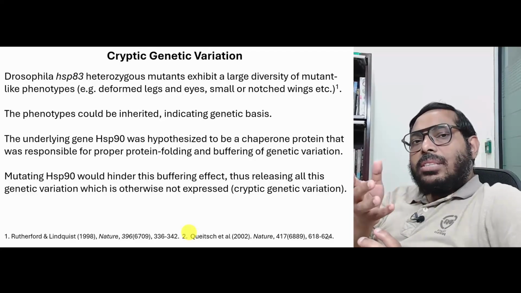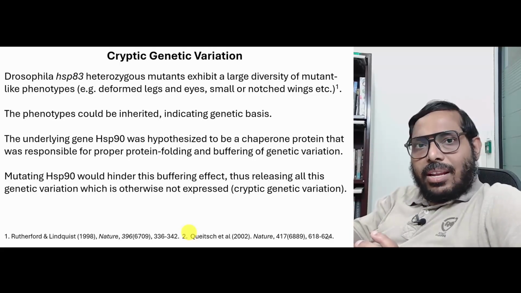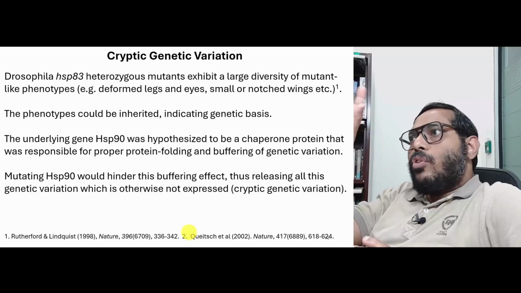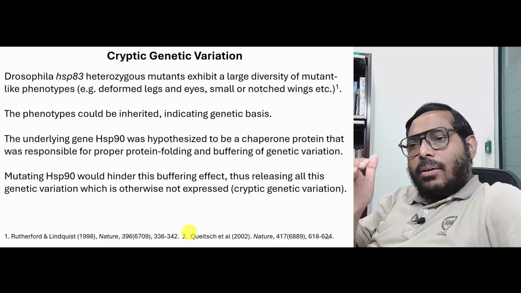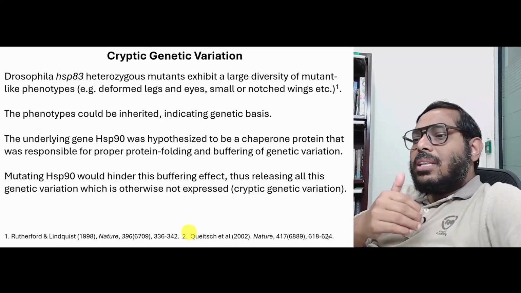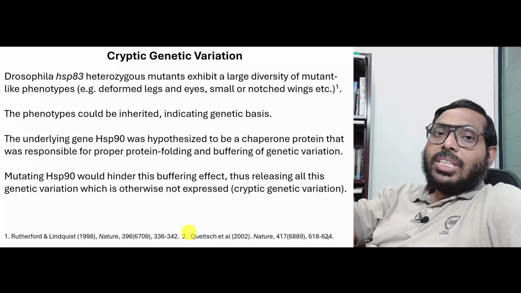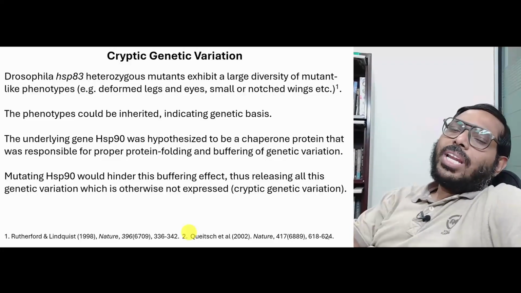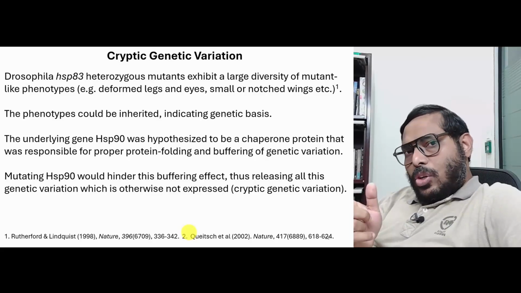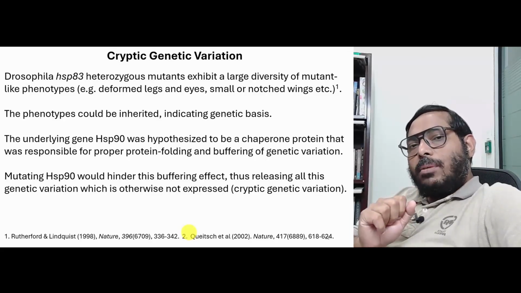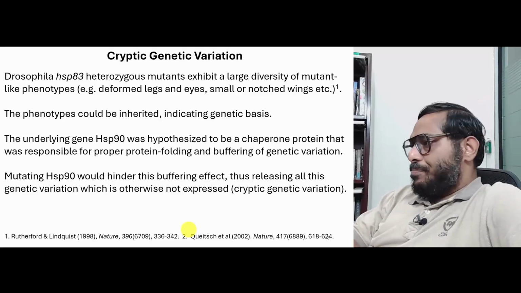And when it cannot function as a chaperone anymore, all these little genetic variants that are there in the population are now going to form slightly different proteins, and all this variation is now going to get expressed, which in the presence of HSP90 would not have otherwise been expressed. This kind of genetic variation, which is there in the genome but normally is not seen at the phenotype level, is what is known as cryptic genetic variation or CGV.